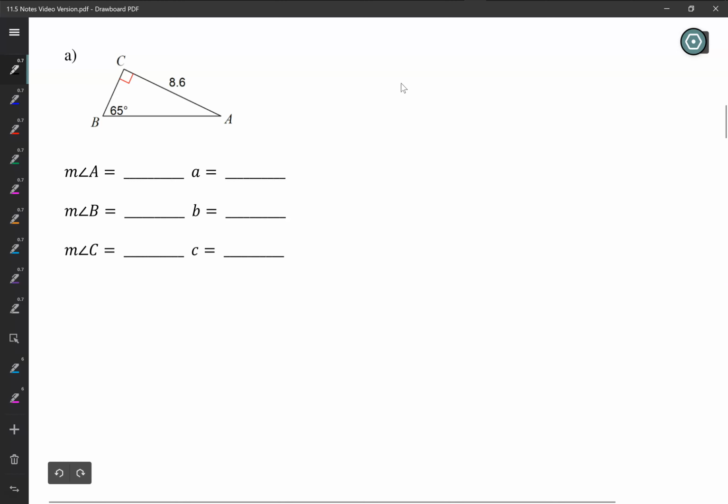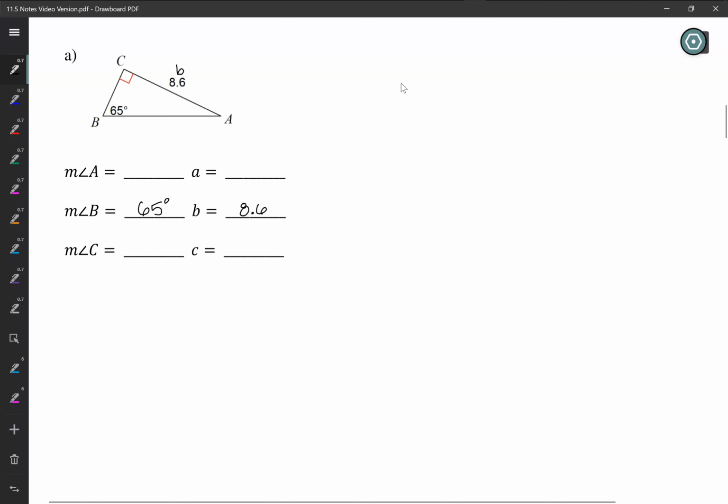So let's start by filling in the things we were already told. So I can see that the measure of angle B here is 65 degrees. And the side across from angle B, this would be little b right here. So that's 8.6.